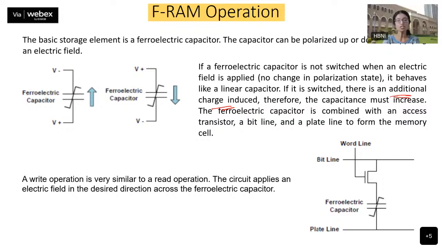The write operation is very similar to the read operation. The circuit applies an electric field in the desired direction across the ferroelectric capacitor. So you have to understand how the FRAM operates. If it is not switched, then it will behave as a normal linear capacitor. But the moment it is switched when the electric field is applied, an additional charge is induced and the capacitance increases.